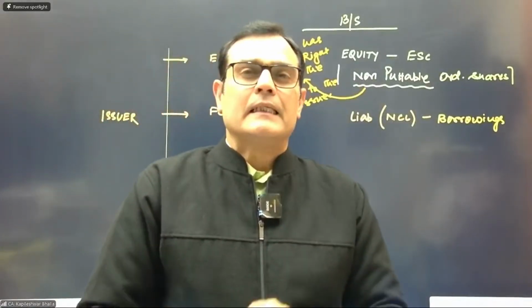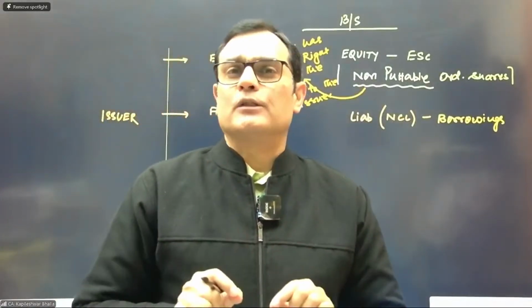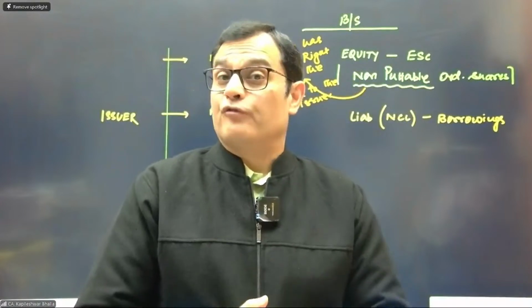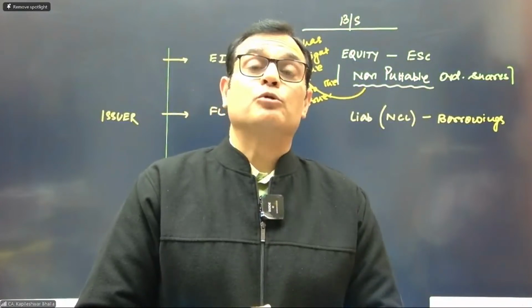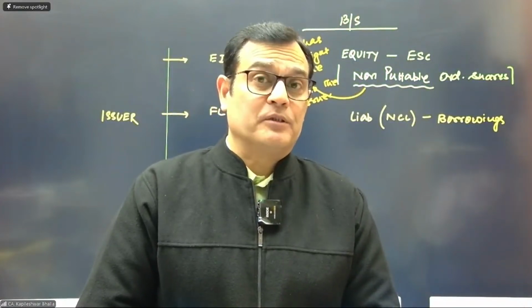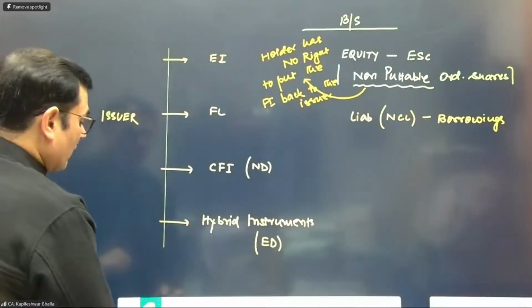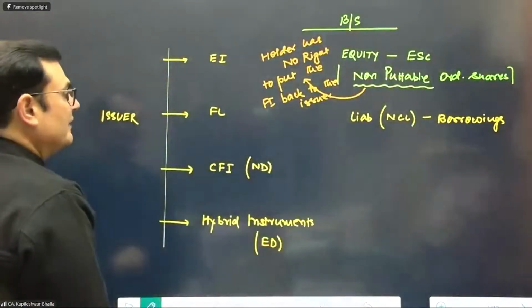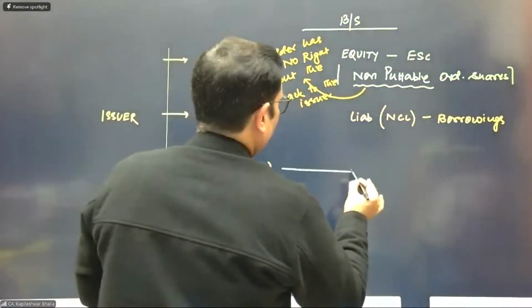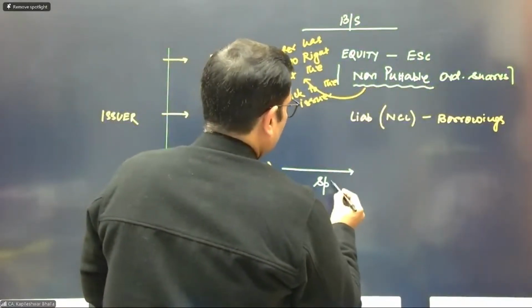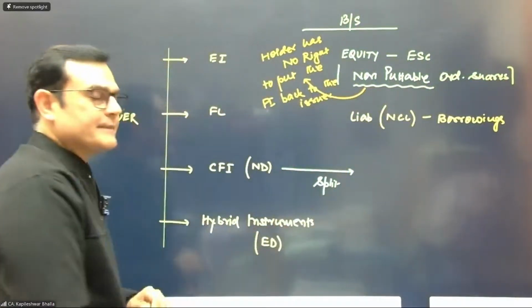Then comes the third kind of instrument, which we are going to focus on today, and we're going to do a lot of inputs on that particular instrument, CFI. So when you look at compound financial instruments, you need to split the proceeds.